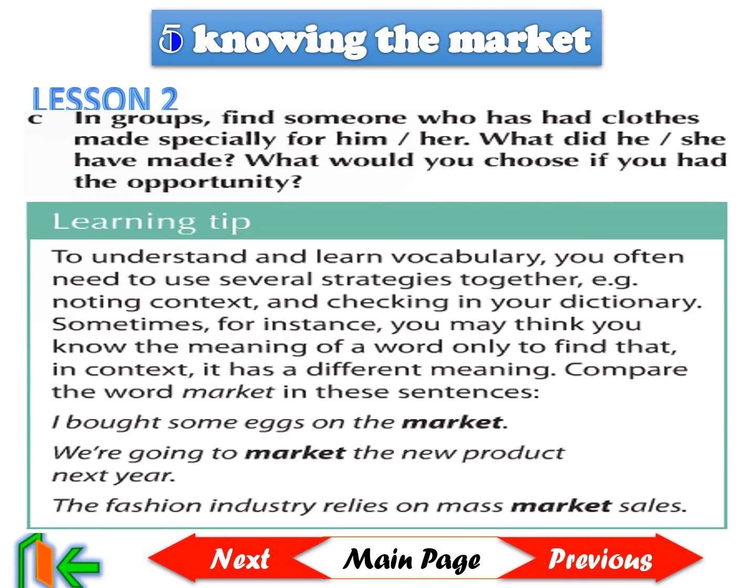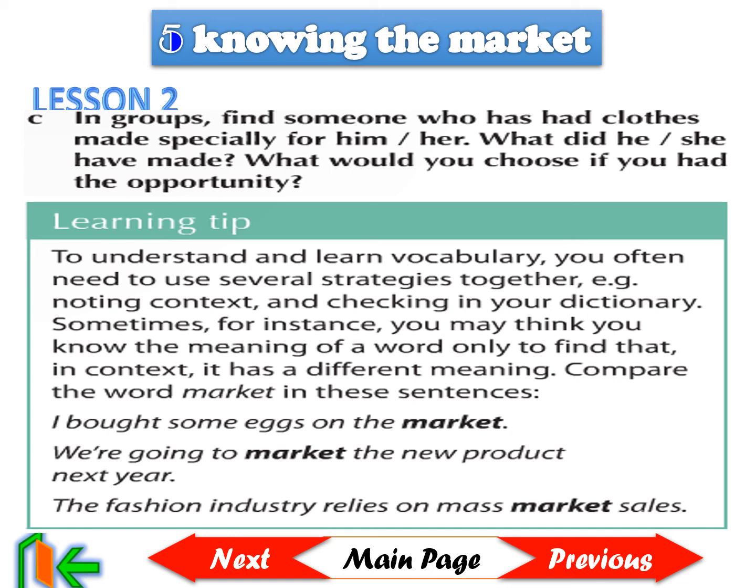Then here, the book gives you a little tip that a certain word can be used in different ways. It can serve different parts of speech. It can be a noun or a verb. So I bought some eggs on the market. Market here is a noun, of course, and you can use the word market as a verb as well. To market.